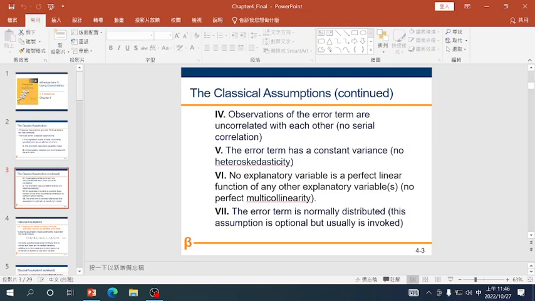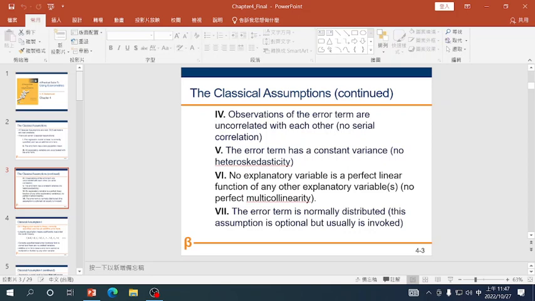But if a variable in fact has a perfect relationship with another explanatory variable, for example x2 can be explained by this relationship, then this x2 doesn't provide extra information. And in fact, these two are the same variable.